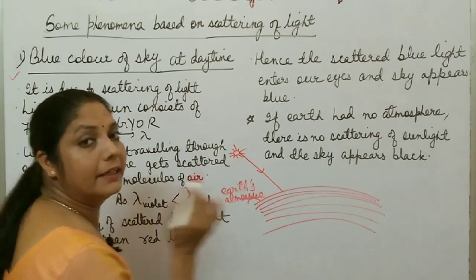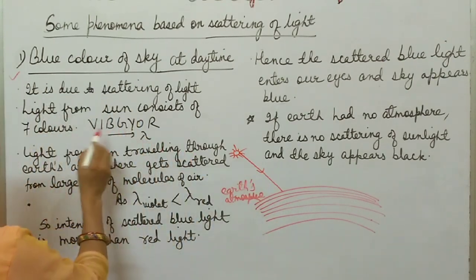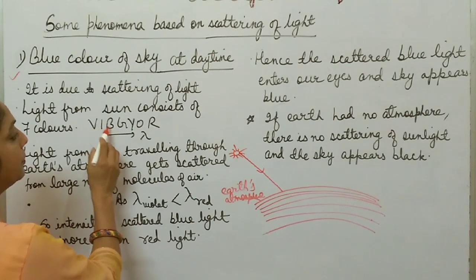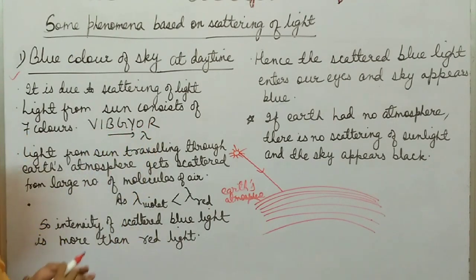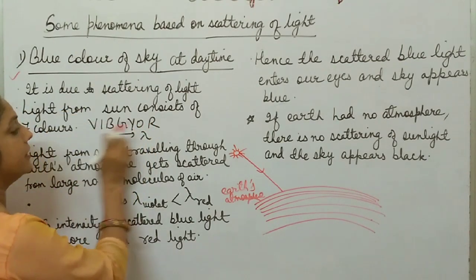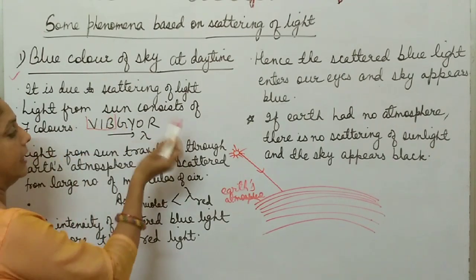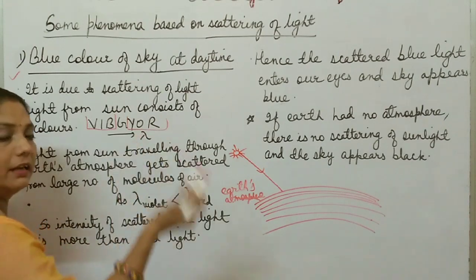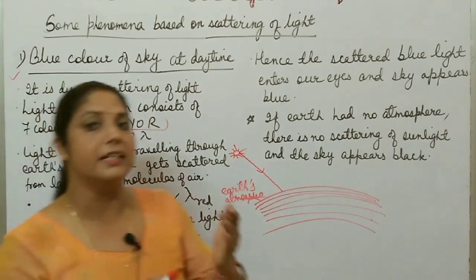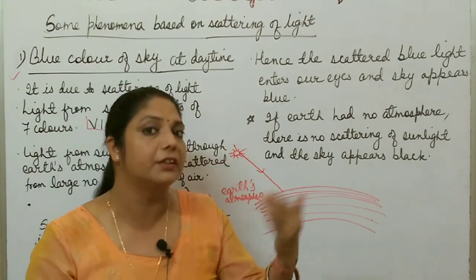You know, white light consists of all 7 colors, that is VIBGYOR: violet, indigo, blue, green, yellow, orange, red, and wavelength increases in this order. It means these three have shorter wavelength, and on this side yellow, orange, red have larger wavelength, and scattering is inversely proportional to wavelength of light.